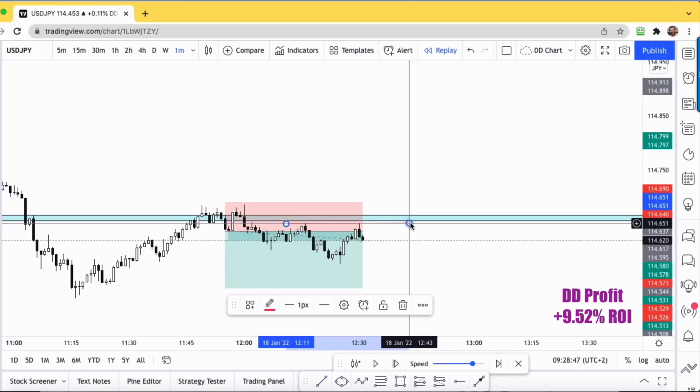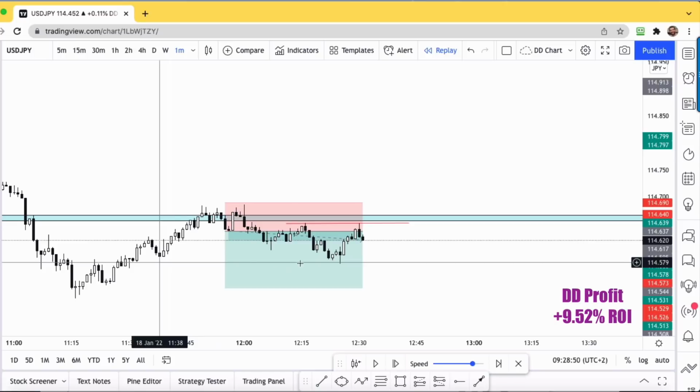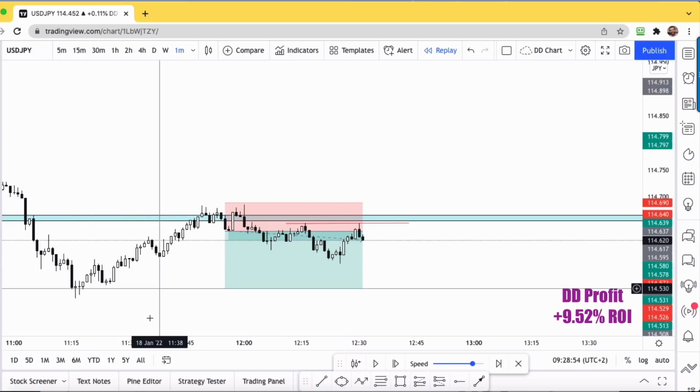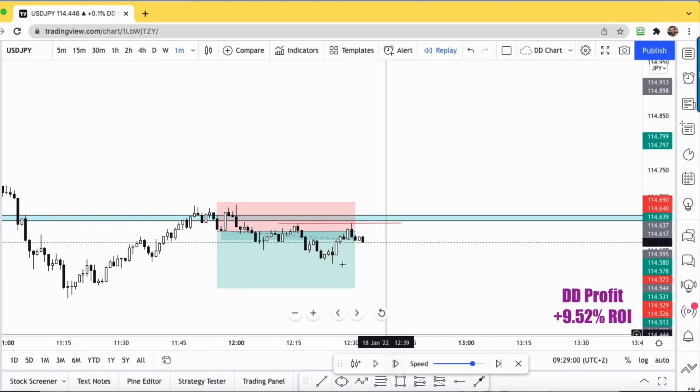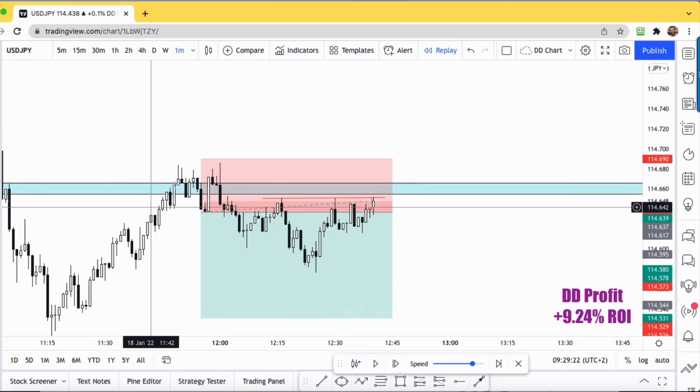So I'm not liking, I feel like there's a lot of bullish pressure coming up here. You have this one. It's higher highs in a certain sense, but we're stuck in this trade. Yeah, so we got stopped out over there.